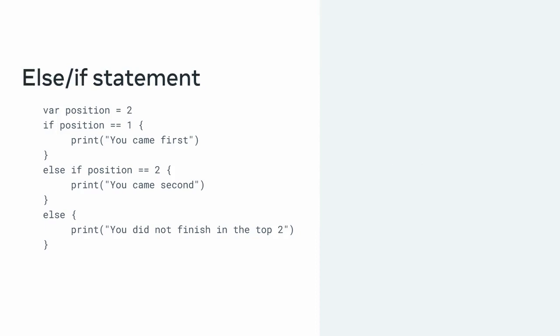Since the value stored in the variable position is 2, the else if condition is satisfied, or true, and its block of code runs and prints, you came second. The important thing to remember here is that with conditional statements, Swift will keep checking until the criteria is true or until it reaches the end.